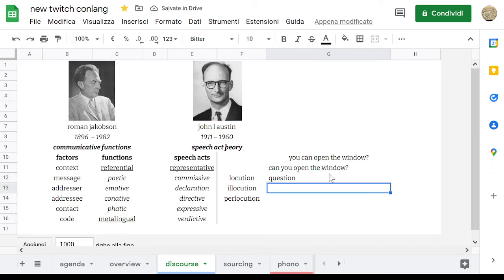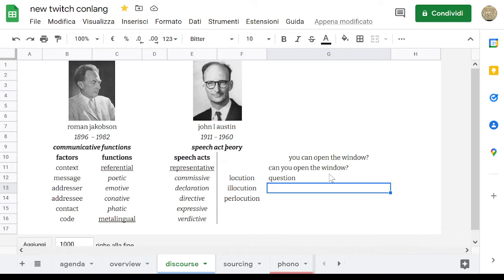However, then we get to the illocutionary level. The illocutionary level is the level upon which you intend the statement to be understood.